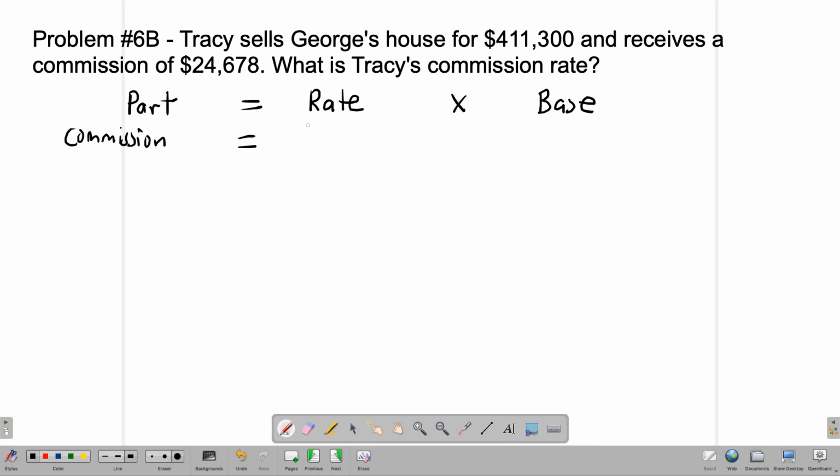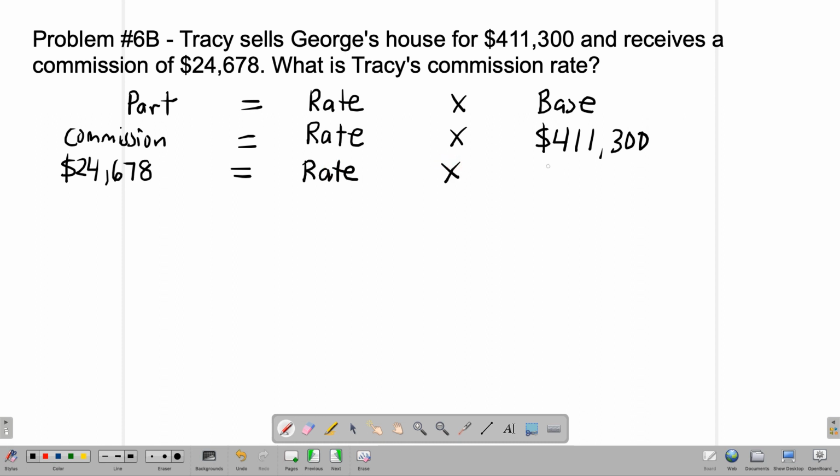And we're trying to figure out what the rate is. And we have the base, which is the price of the home, $411,300. And the commission now is 24,678. So we're basically rewriting the equation each time.